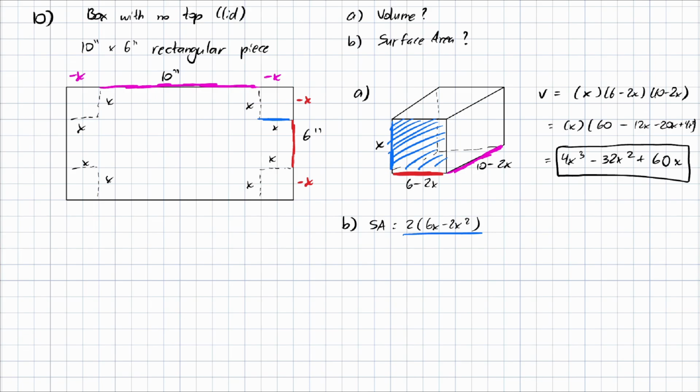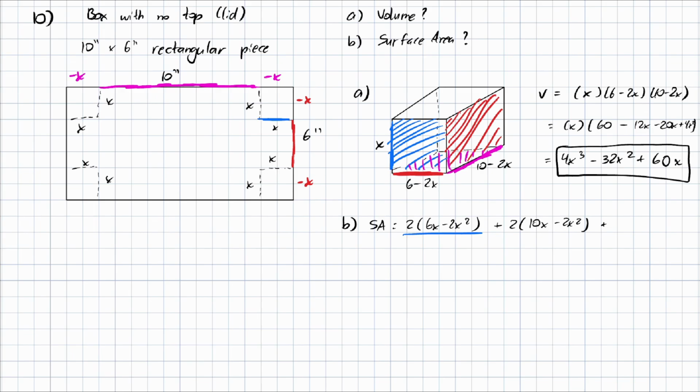And then you have the one over here, so that is plus 2 times 10 minus 2x times x, 10x minus 2x squared.